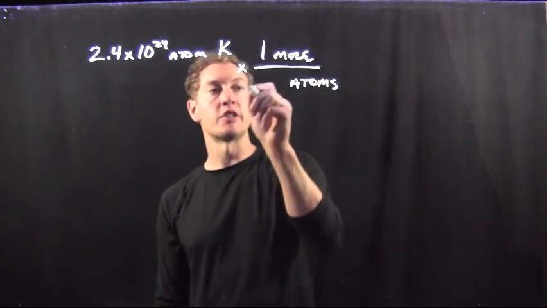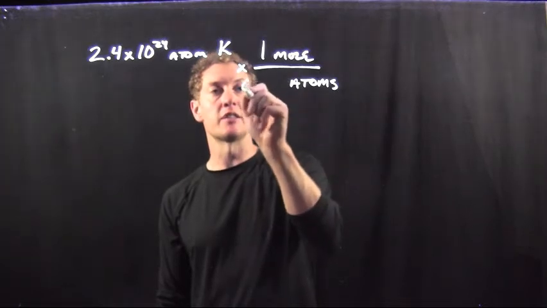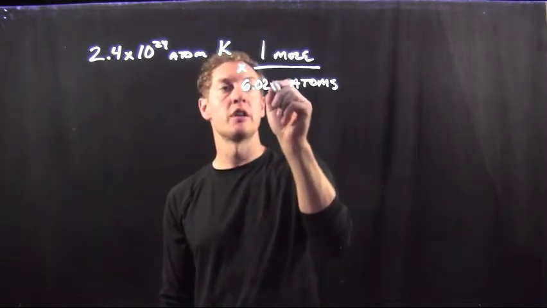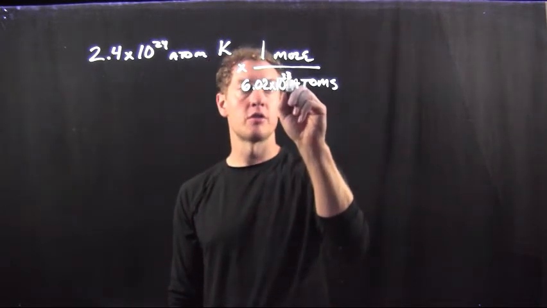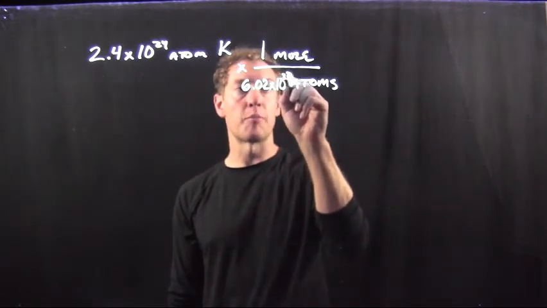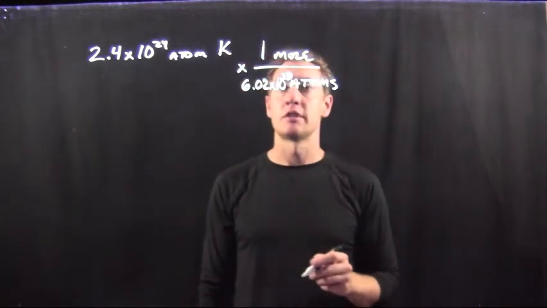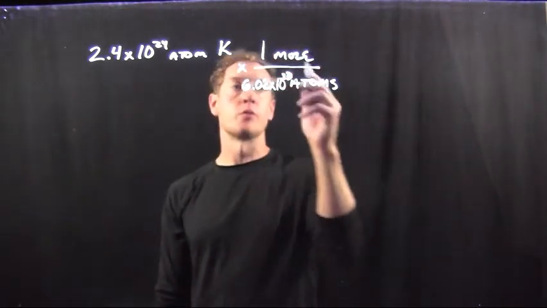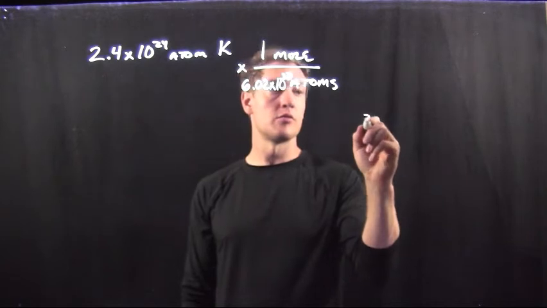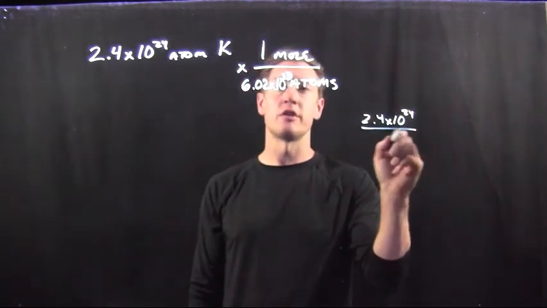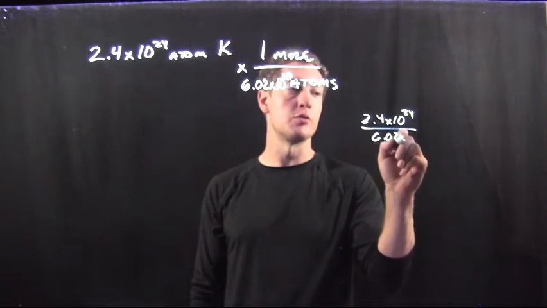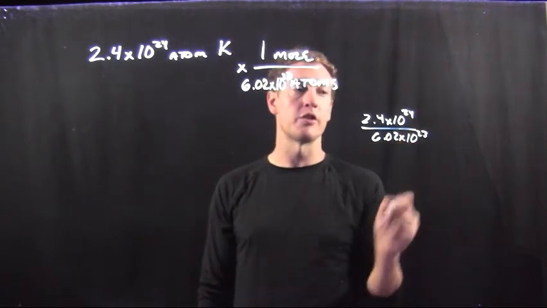And the definition of a mole is that it is 6.02 times 10 to the 23rd particles, of which atoms is a type of particle. So we get 2.4 times 10 to the 24th divided by 6.02 times 10 to the 23rd.